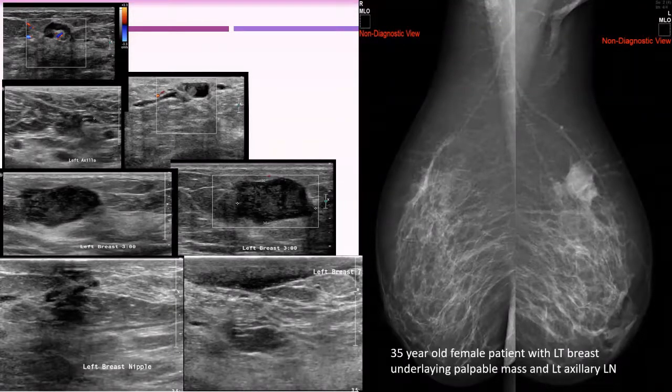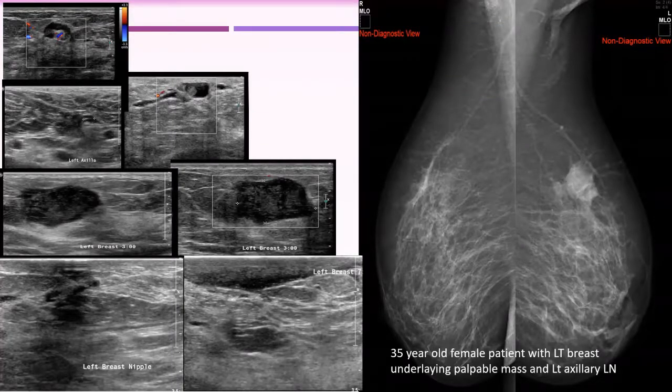No, this is the left breast lesion. You have seen here the breast lesion, and the image in the corner is the left axillary lymph node. It shows diffuse thickening of the cortex. Yes, diffuse cortical thickening. Okay.